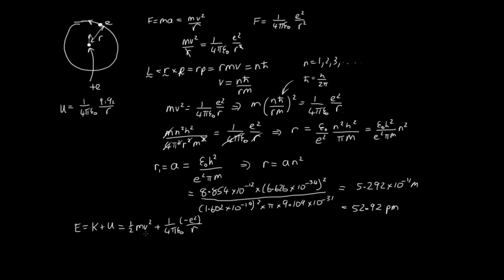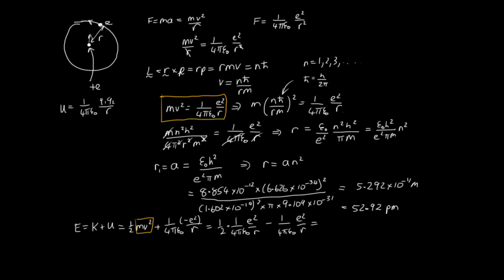Now what we can do is substitute in for v squared, because we found an expression for mv squared up here. So all we're going to do is substitute that in for this mv squared here. When we do that, we end up with a half times 1 over 4 pi epsilon naught e squared on r, and then here we've got minus 1 over 4 pi epsilon naught e squared on r.